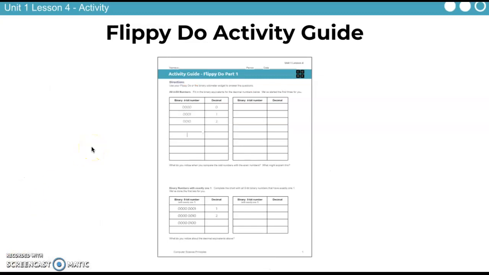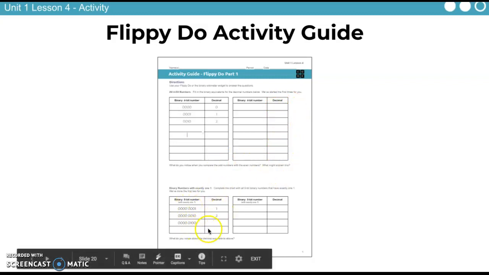Okay, so on your Google Classroom, you have this activity guide. You're going to work with your Flippy Do to complete this activity guide. Just so you know, you're going to continue down using 4-bit numbers, and you're just going to do 0, 1, 2, 3, 4, 5, 6, all the way until you get to whatever this brings you to, and the same thing here.